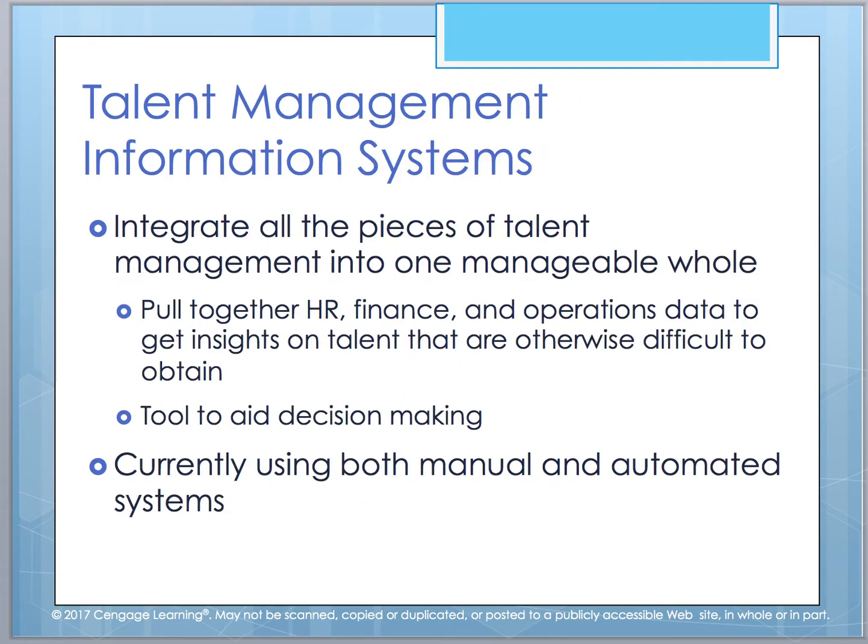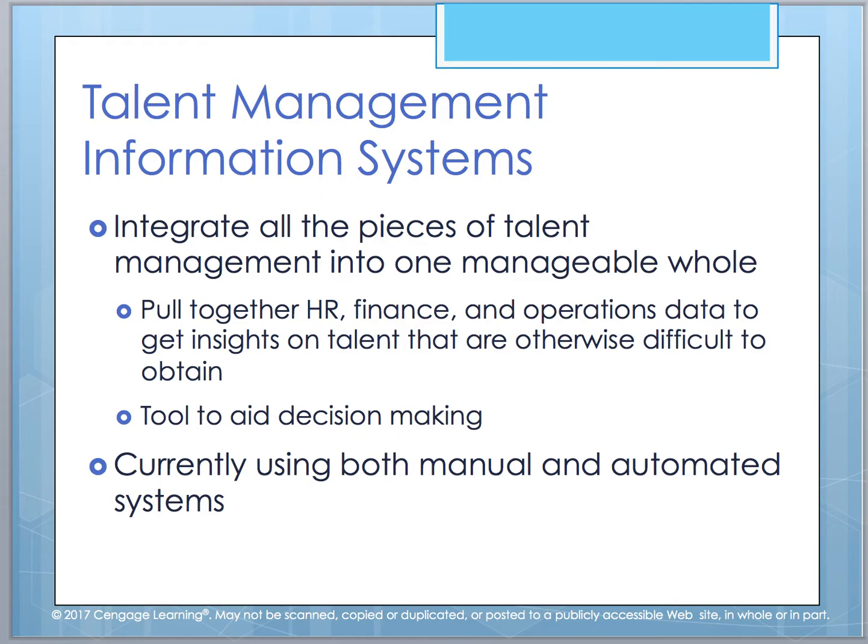When we're looking at information systems, you're having to integrate all the pieces of your puzzle into one whole. Pull together your HR, your operations, finance data, and get those insights on your people that otherwise you'd have struggles obtaining. Information systems is an awesome tool to help with the decision making.